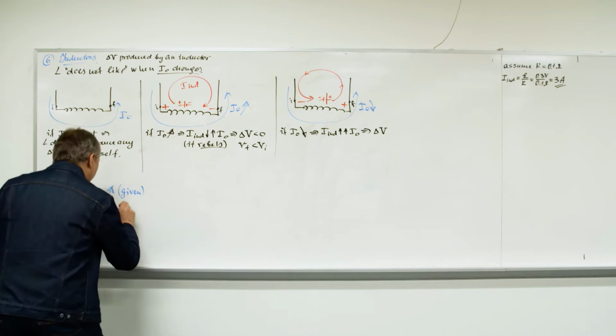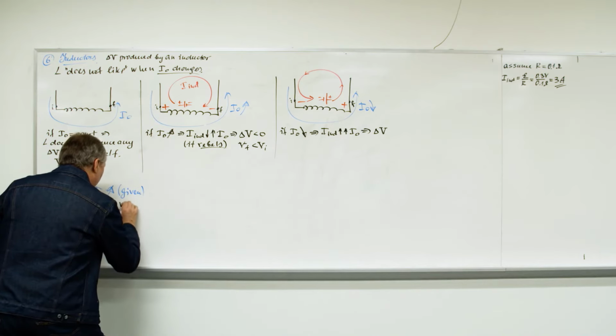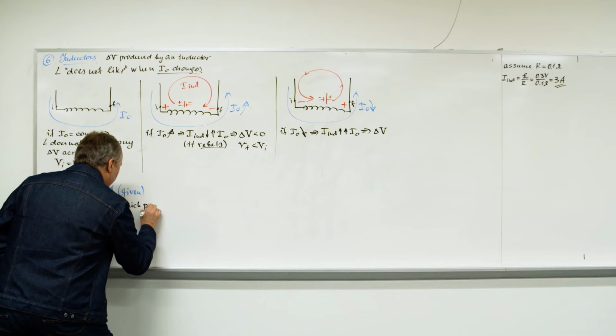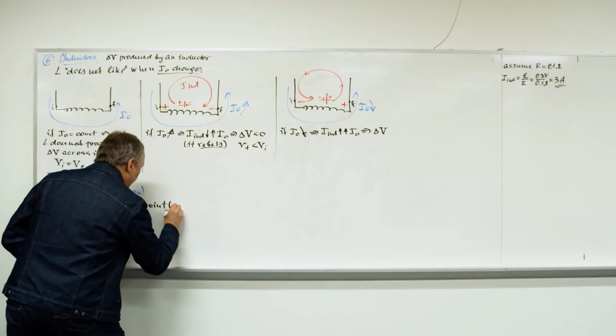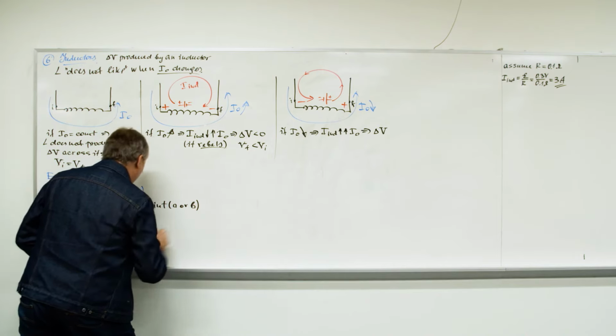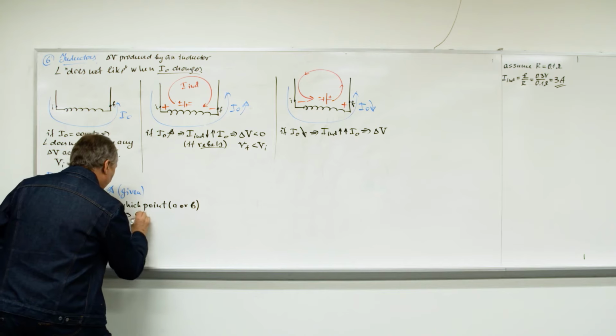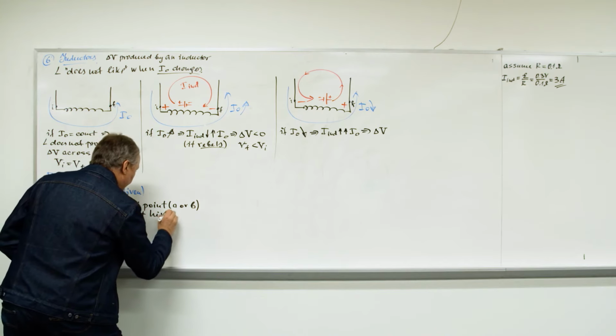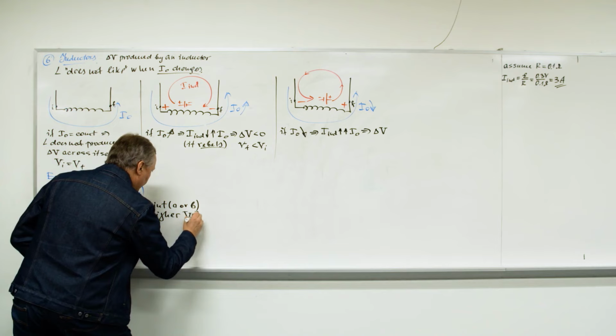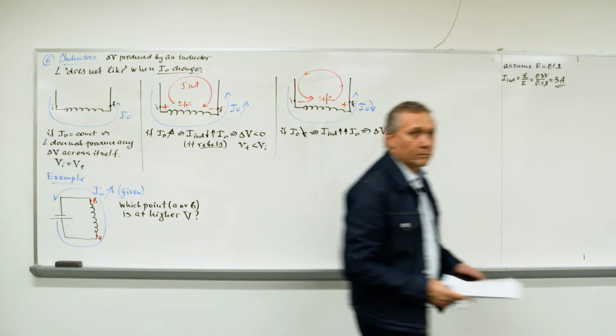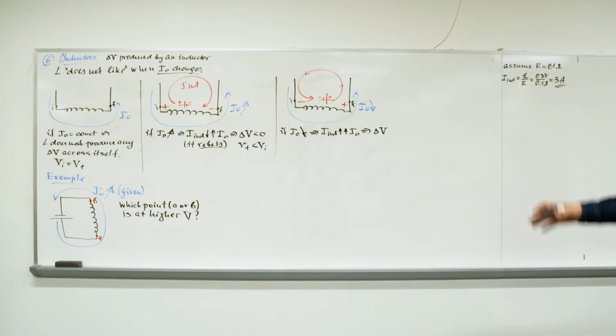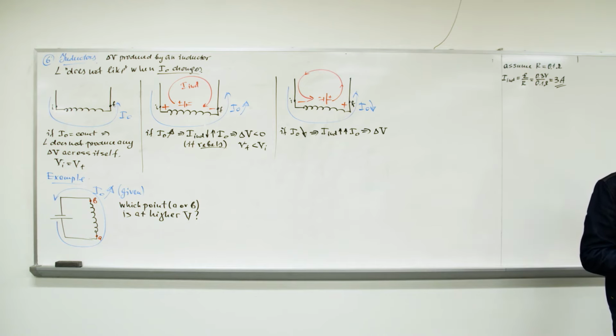So the question is, which point, A or B, is at higher electric potential? With questions like this, as I said in the past, there are like 50% mistakes, because most of the time students are just guessing.